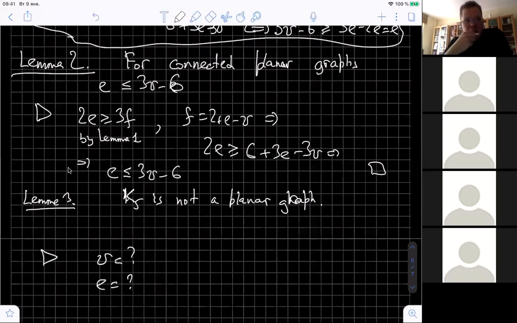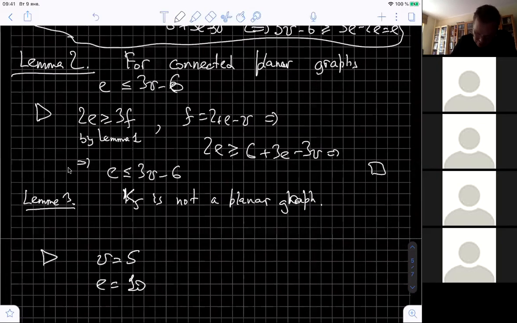It's just the complete graph on 5 vertices, so we have every edge connecting. The number of vertices is equal to 5. And what's the number of edges? 10, yeah, okay.